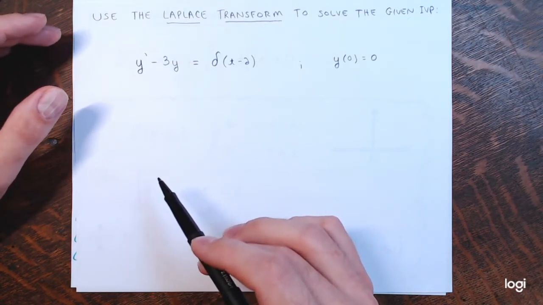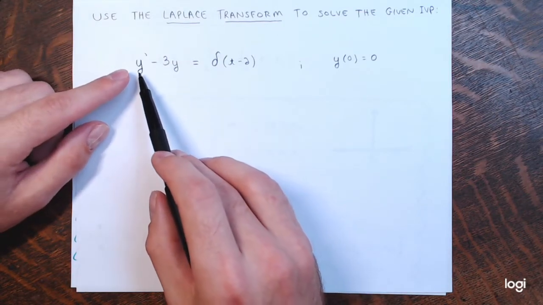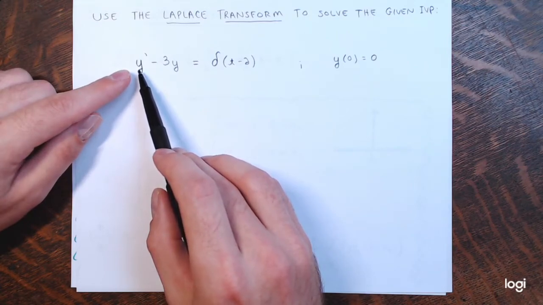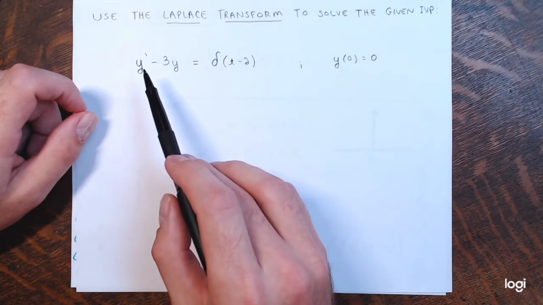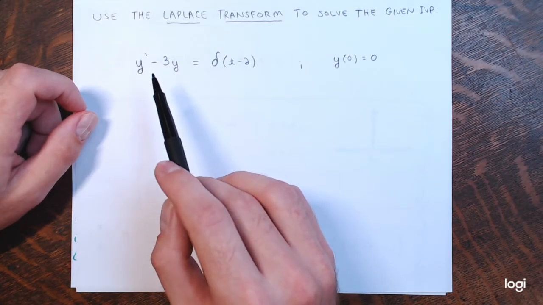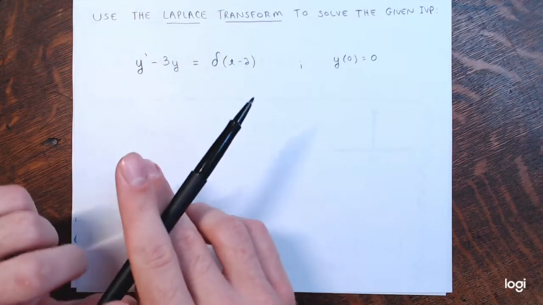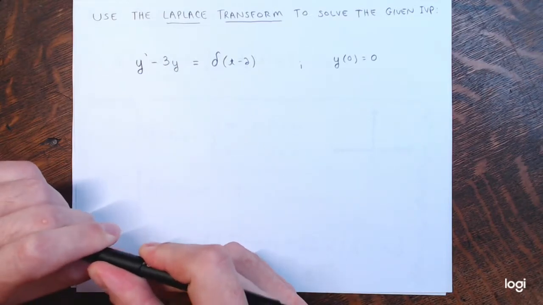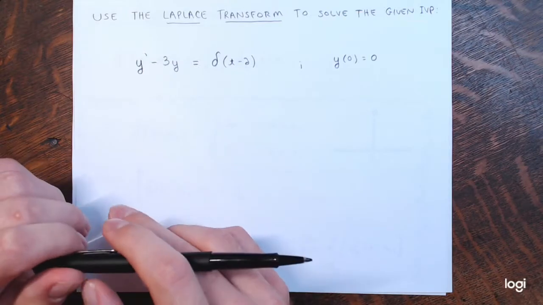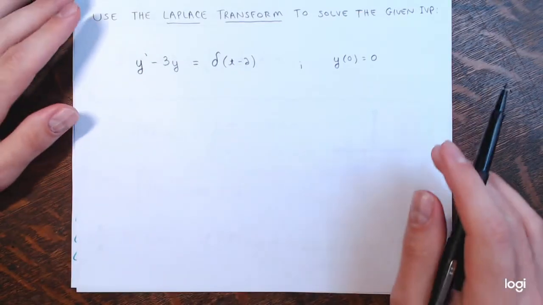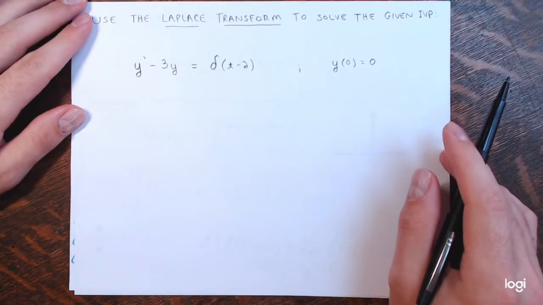So I'm assuming you know what the Laplace transform of a derivative is. I'm also assuming that you know the second translation theorem for Laplace transforms, for translation about the t-axis. Again, that was discussed in a prior video as well. So I'm assuming some previous knowledge here.